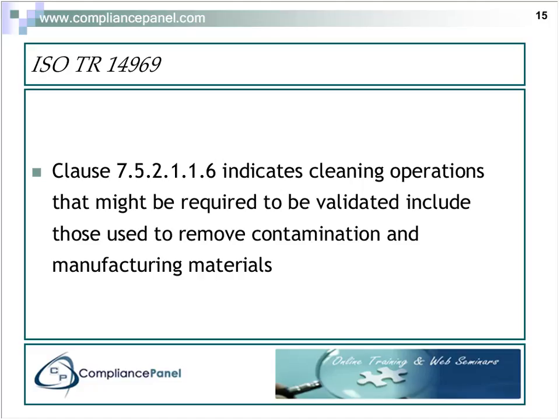It might be some kind of a lubrication product in the manufacturing process that might fall onto the product, or it might be a part, for instance, cutting fluids in a machining process, and it might actually be a cleaning process inside the manufacturing to remove some previously deposited materials on the product. Any of these might need to be validated to make sure that none of the residue of these manufacturing materials or this contamination remains on the product when it leaves our facility.